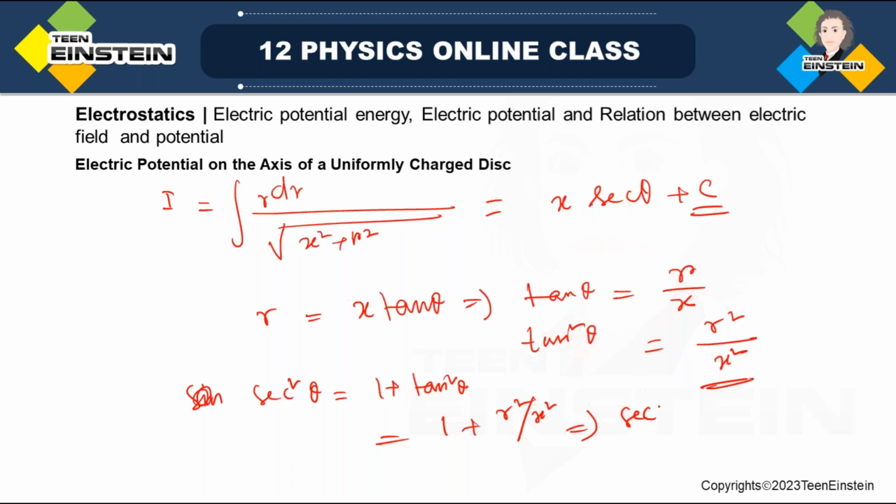So sec theta is 1 over x times the square root of x square plus r square.